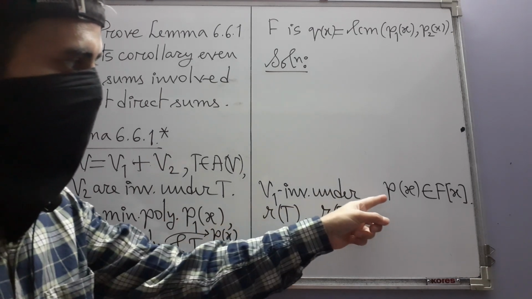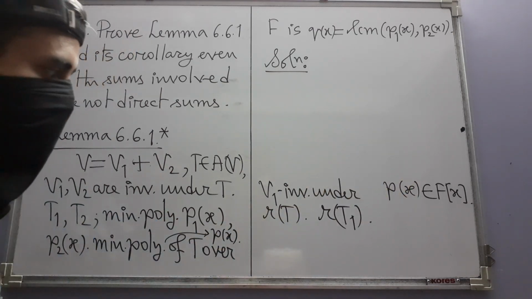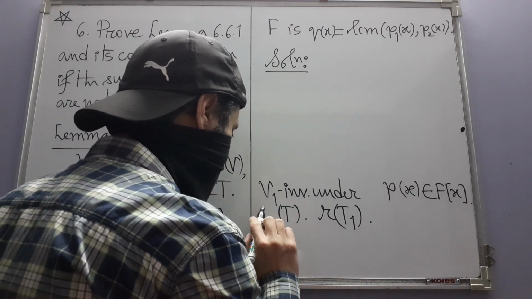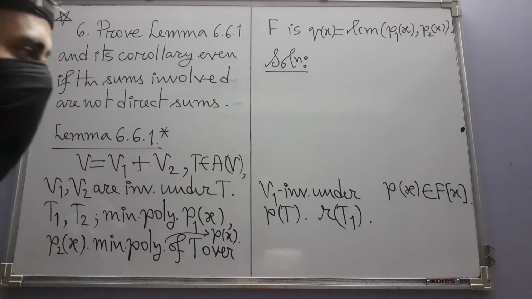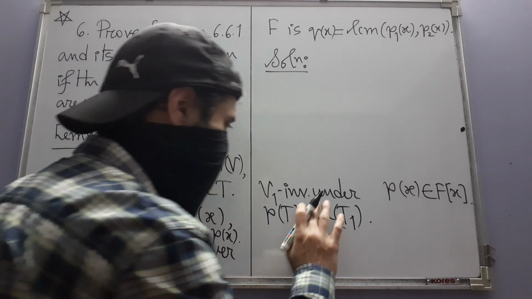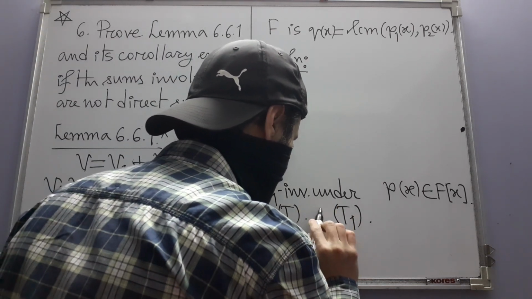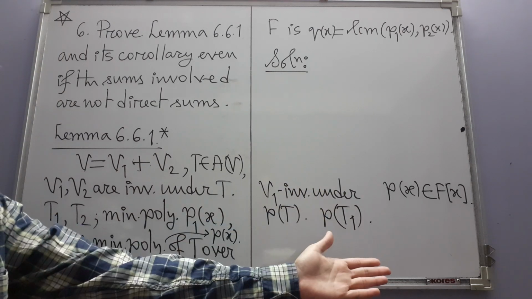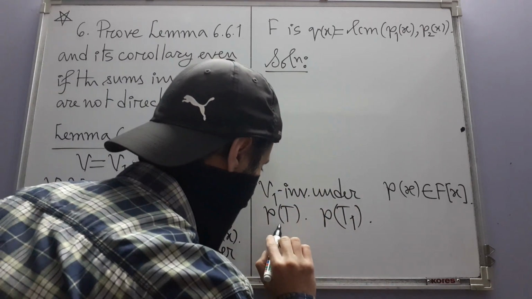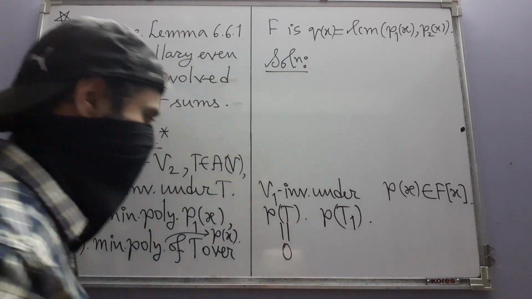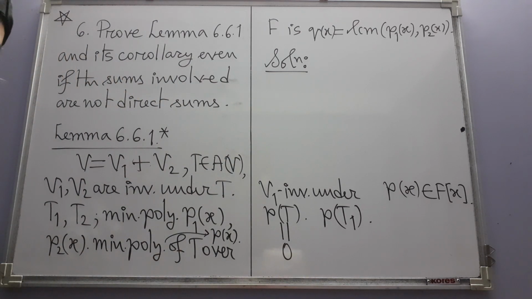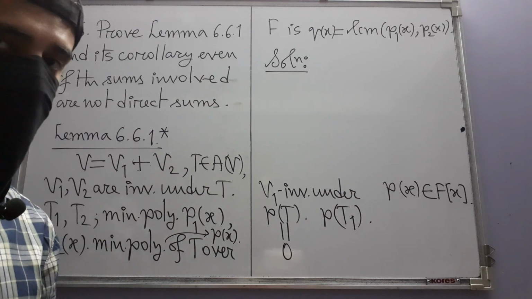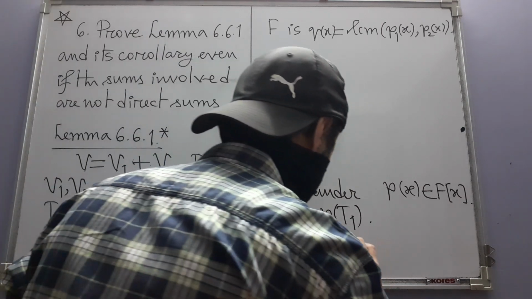Now, if we take P of x in place of R of x, the same thing will happen. The operator that P of T will induce on V1 will be nothing but P of T1. But P being the minimal polynomial for T makes this the zero operator. Does that immediately imply that P of T1 will also be zero? Yes. Why?